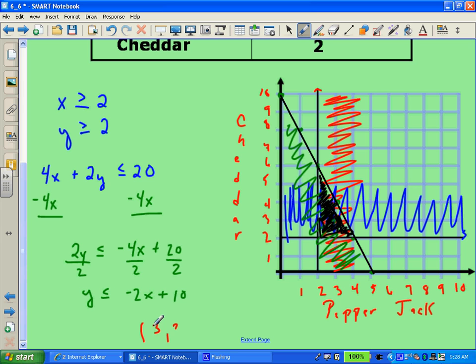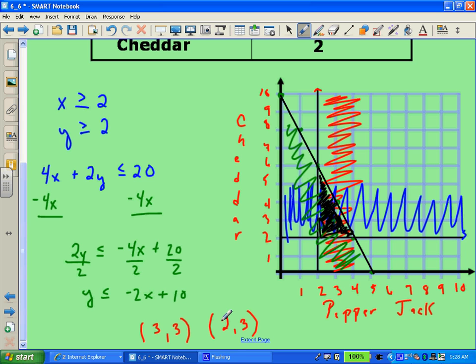So let's see, it looks like 3 would work if she wanted 3 pounds of each. And what else would work here? I could go with 2, because it can be on the line since it's a solid line. I could go with 2, 3 as well.